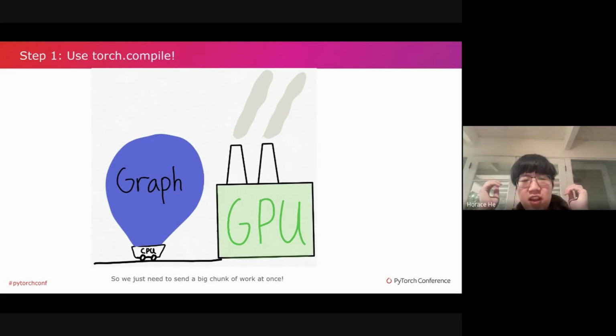Instead of the CPU just telling the GPU, hey, you do an add, you capture this entire large group of work: not just an add, but an add and a matmul and a layer norm and all these things together. This way, even though the CPU is still pretty slow at sending instructions to the GPU, because it's sending enough work to keep the GPU running at full capacity, we can still end up running things fairly efficiently.